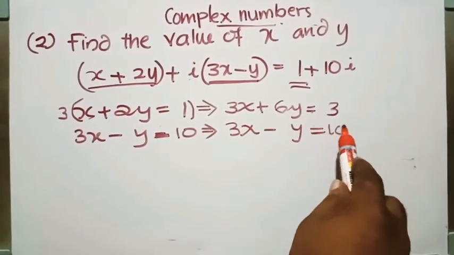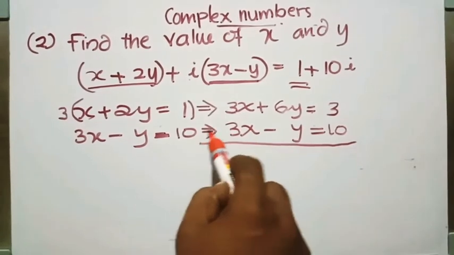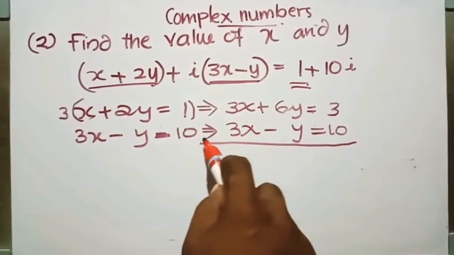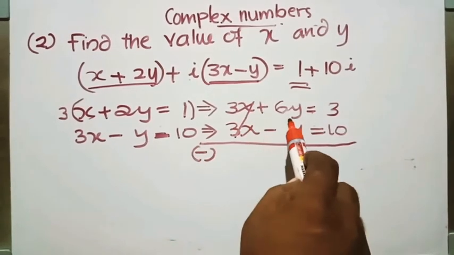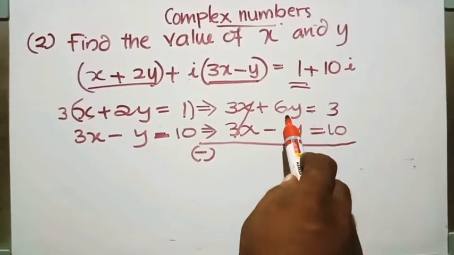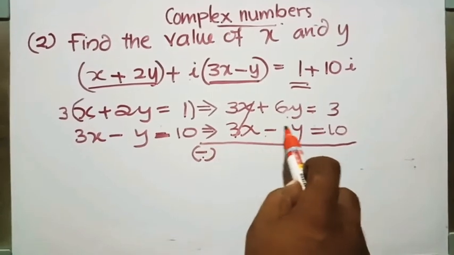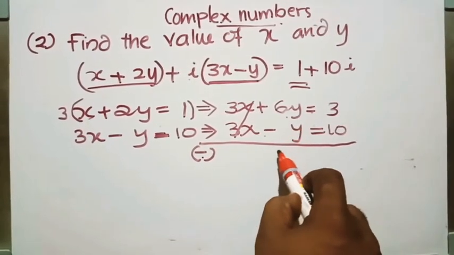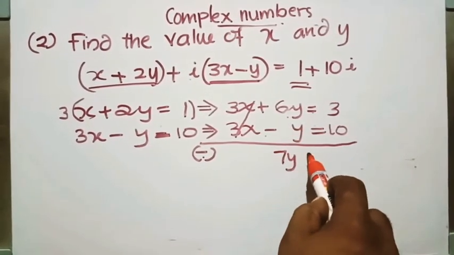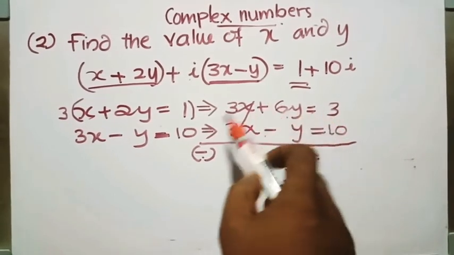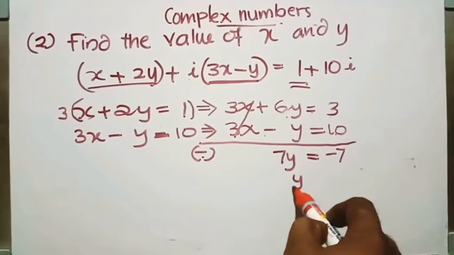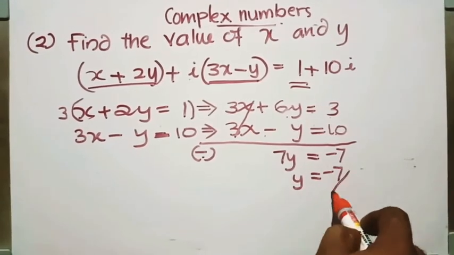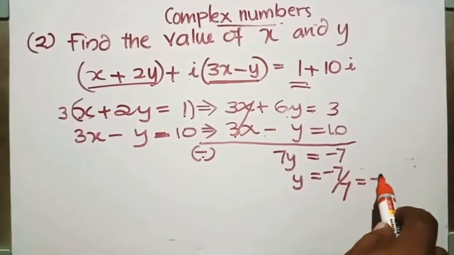Now you might have understood why I multiplied the first equation by 3. Now do subtraction. When you subtract, the x terms get cancelled, and here we get 6y minus y, that is 6y plus y, which is 7y, is equal to 3 minus 10, which is minus 7. So y is equal to minus 7 divided by 7, that's equal to minus 1.